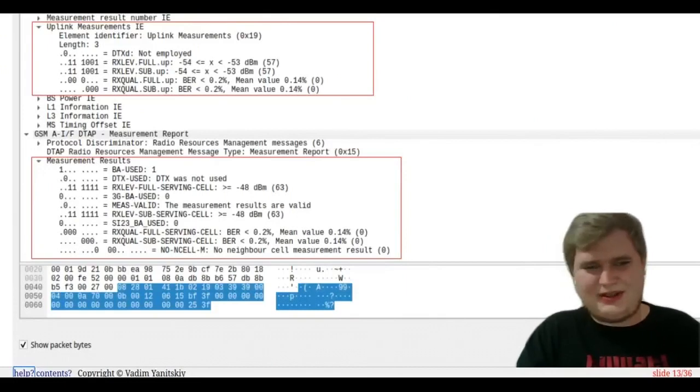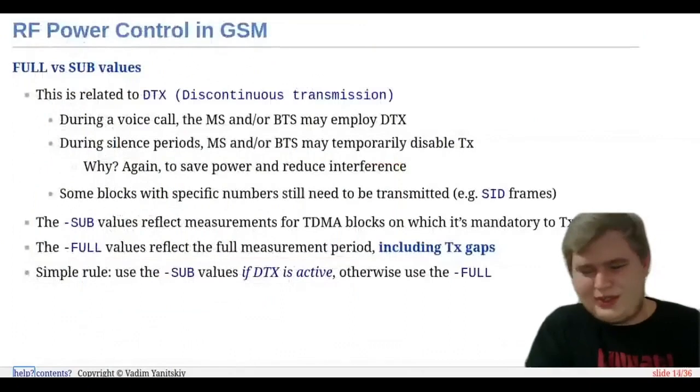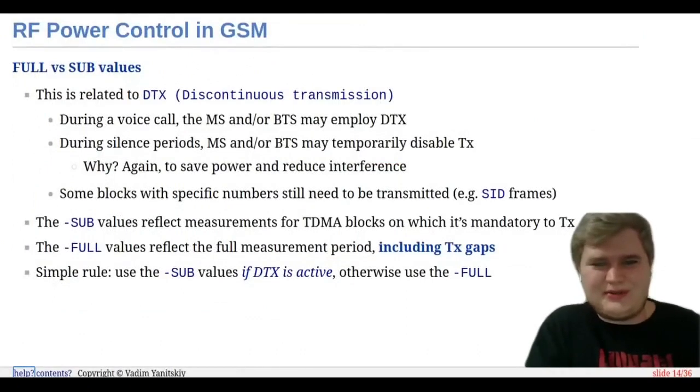The BTS sends a combined uplink on the top and downlink on the bottom, in this case, measurements to the BSC. And you see here two variants of Rx level, two variants of Rx quality in both cases. So what is this full and sub? I specifically wanted to clarify this because for some people this may not be clear.